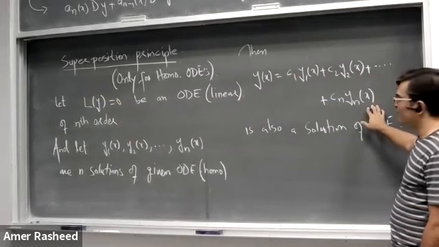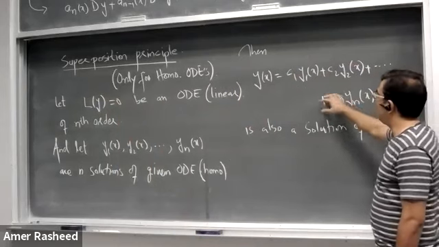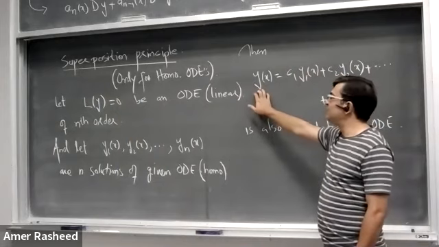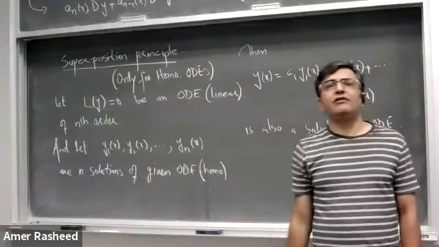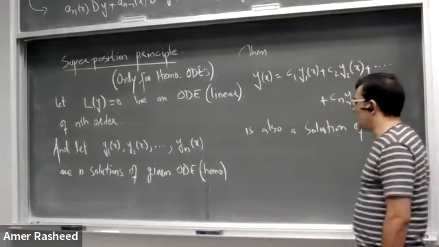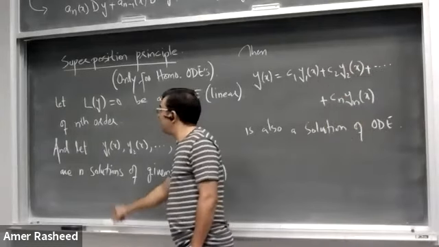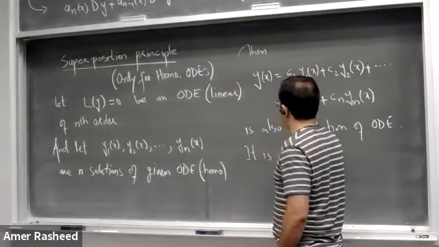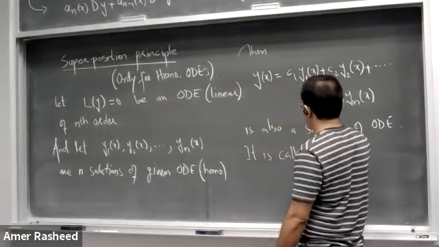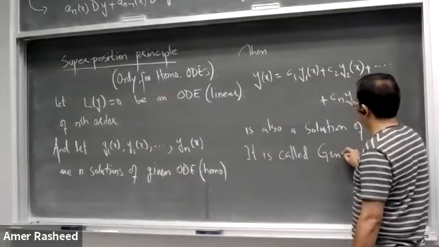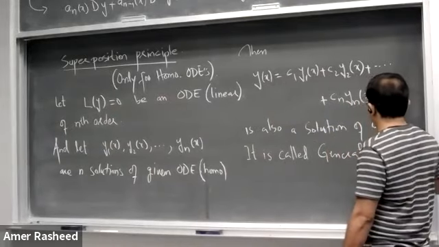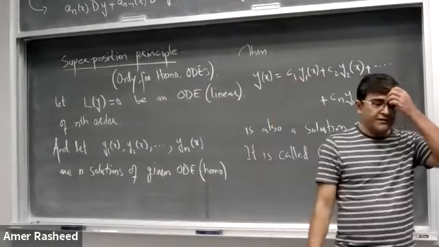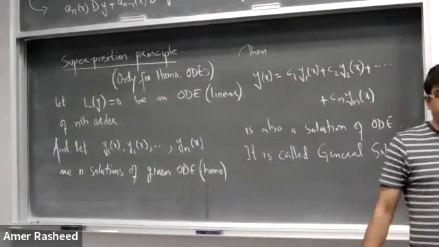It will give us another function, which will also be a solution of the given differential equation, and it is called the general solution of the given ordinary differential equation, which is homogeneous.